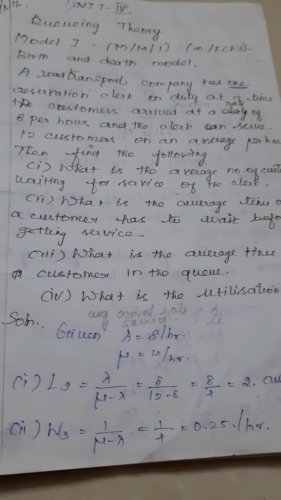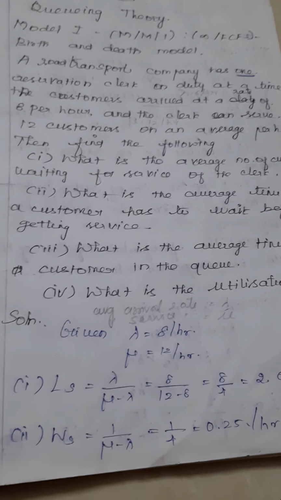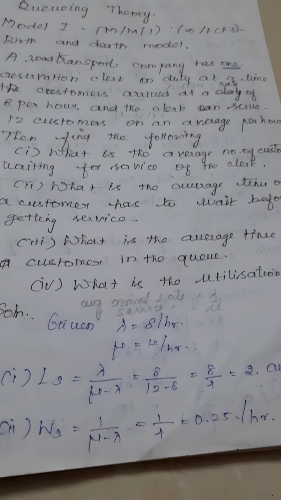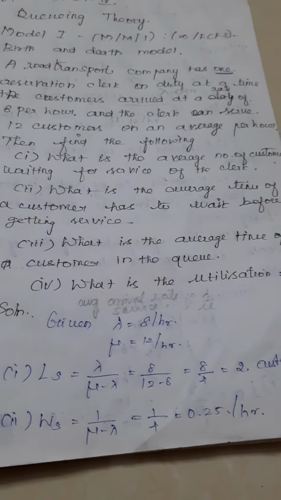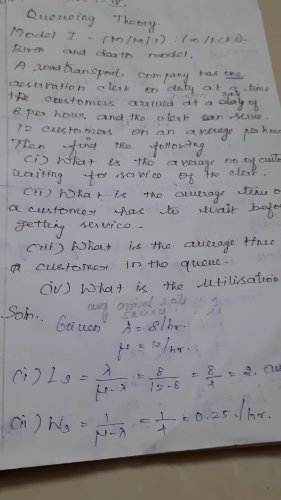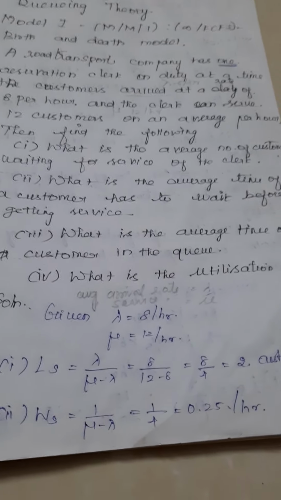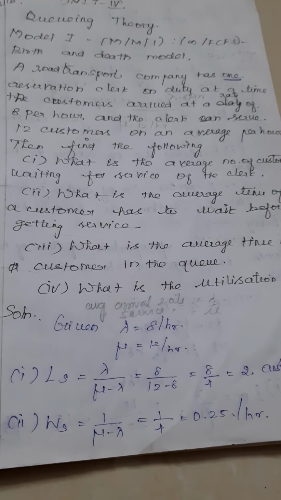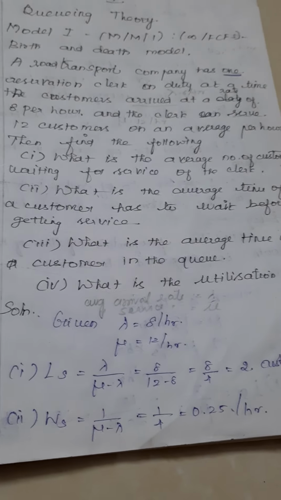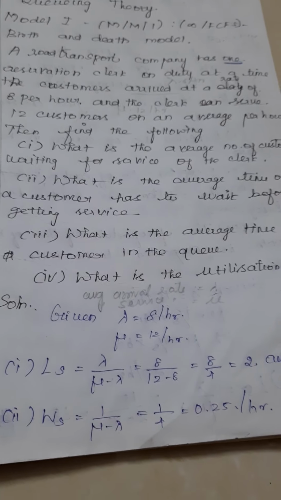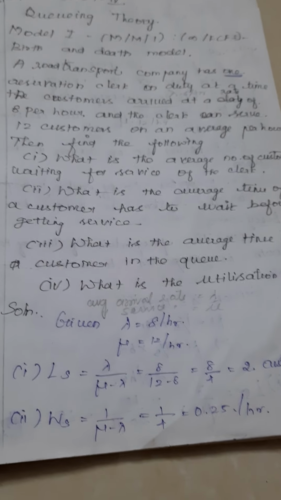In the first problem, to be so basic, we have to know how to find the lambda value and mu value from the given data. When these two values are known to us, it is all about substituting in the formula for the respective measure, and hence we get the solution.